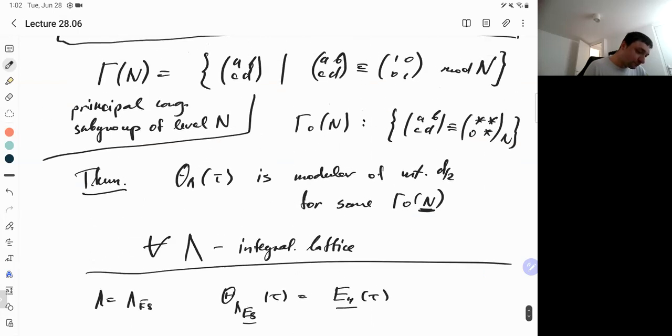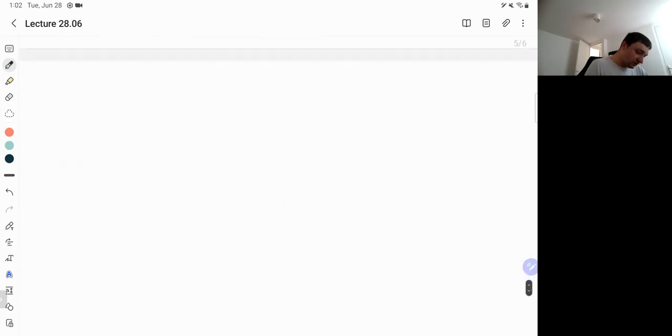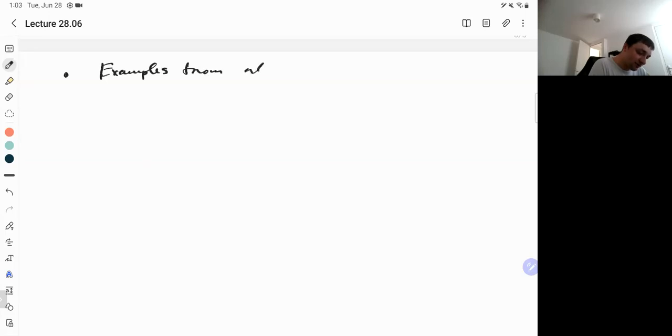Okay. And finally, there's a few more, deeper examples, I guess, from algebraic geometry. I will just give one example.